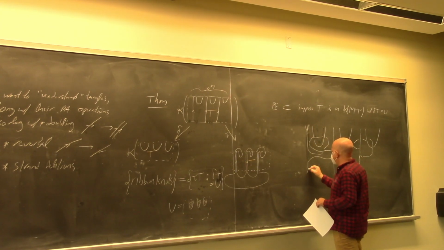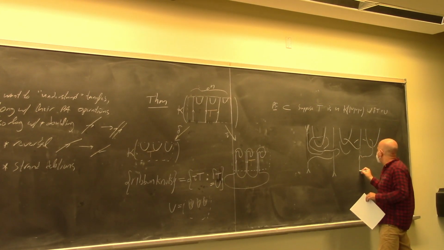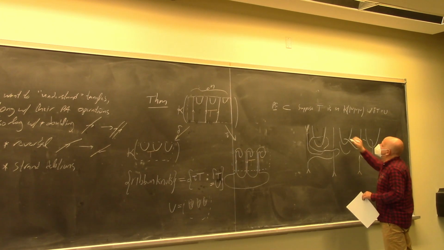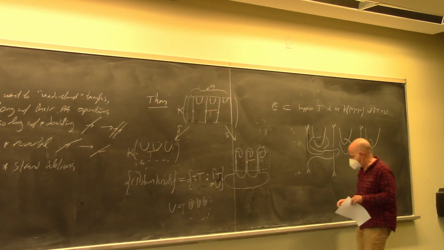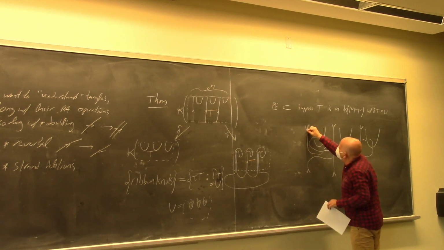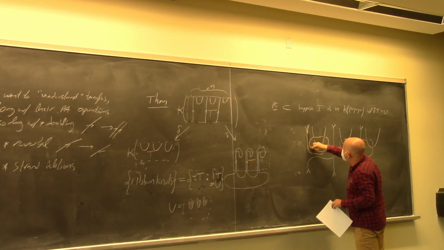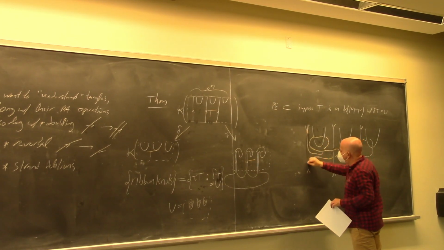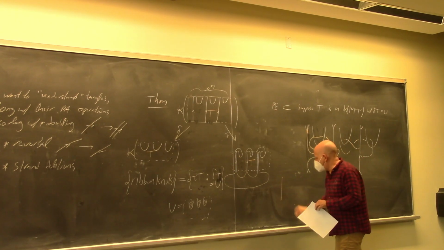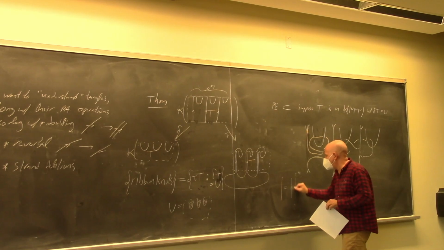Tau colors each of the vertical strands in orange, where a line in orange means just a pair of lines like that.